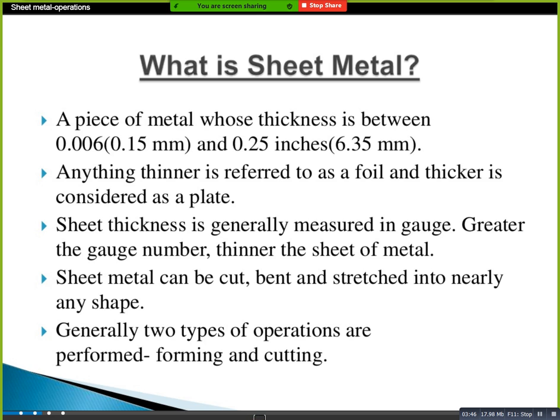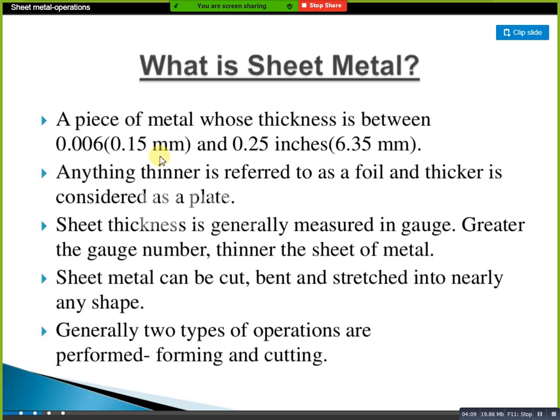First, what is sheet metal? A piece of metal whose thickness is between 0.006 inch, that is the number outside the bracket, and inside the bracket we have mm, to 0.25 inch. But in the normal condition, 0.15 mm to 6.35 mm.